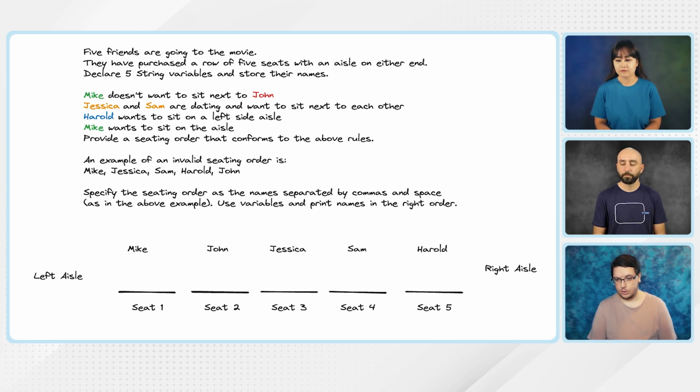So specify the seating order as the names separated by commas and space, as in the above example. Use variables and print names in the right order. Okay, so this variable creation and printing part, we are gonna do in IntelliJ. But maybe I can explain how we can find the correct order here. So basically, the tricky part is, as Jundula mentioned, we have 5 variables holding different names like Mike, John, Jessica, Sam, right?